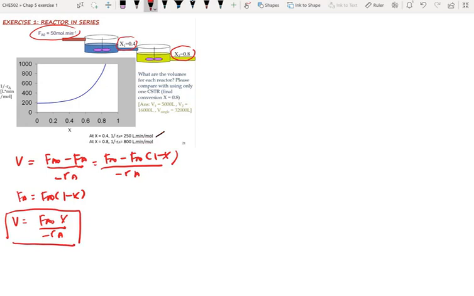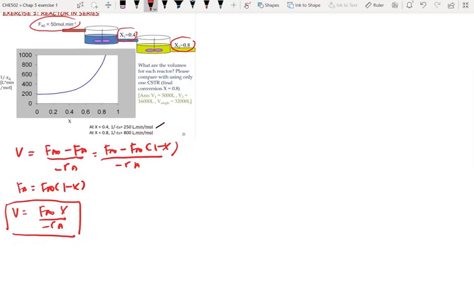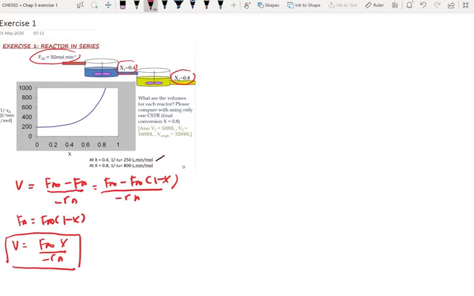So this is for the first reactor, and I'll put it as V1 equals FA naught x1 over negative RA1. Then for the volume of reactor 2, it will be FA1 minus FA2 divided by negative RA2.